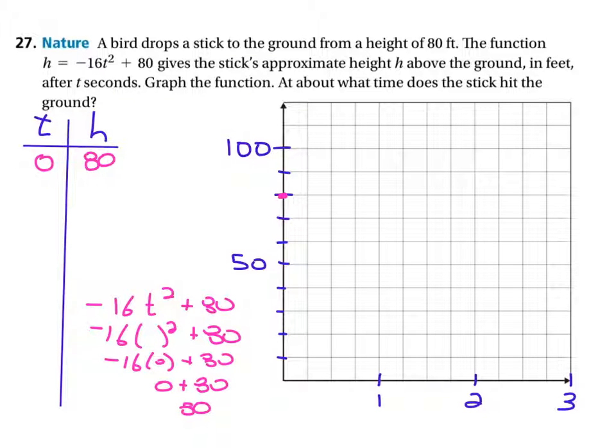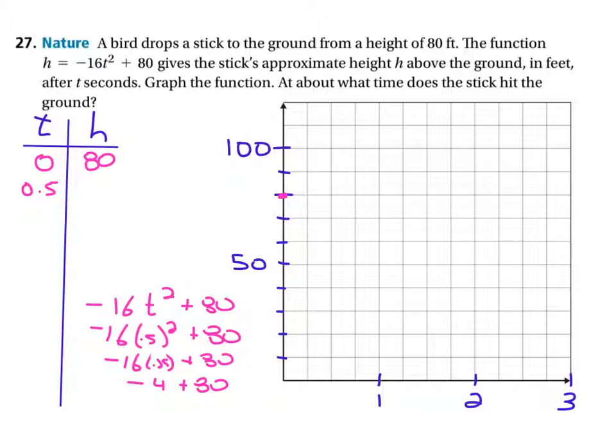Let's do it again. I'm going to get my eraser in there and get out the 0 that I put in. Let's try 0.5. At 0.5, we say 0.5 squared is 0.25. 0.25 times negative 16 is negative 4.